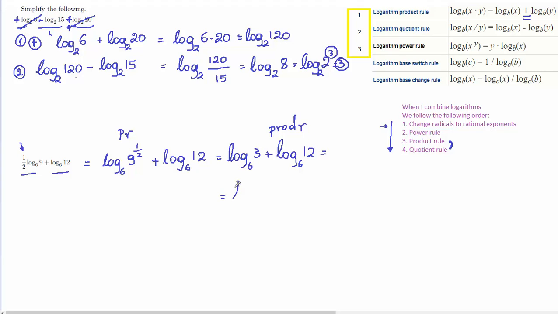This will give me the log with base 6 of 3 times 12, which is equal to the log with base 6 of 36. 36 is the square of 6, so I can rewrite that as log with base 6 of 6 squared. And the exponent here for the power with base 6 is 2. So the answer for that question is 2.